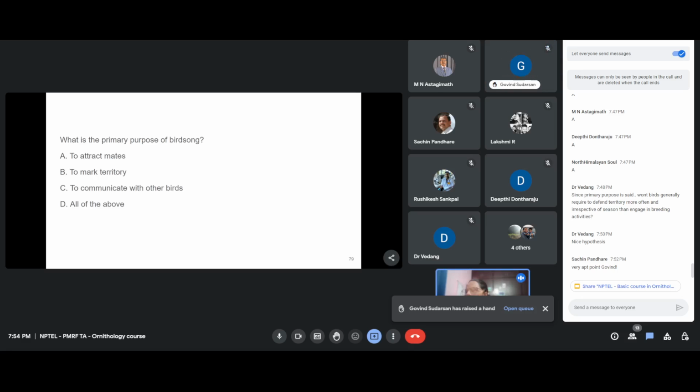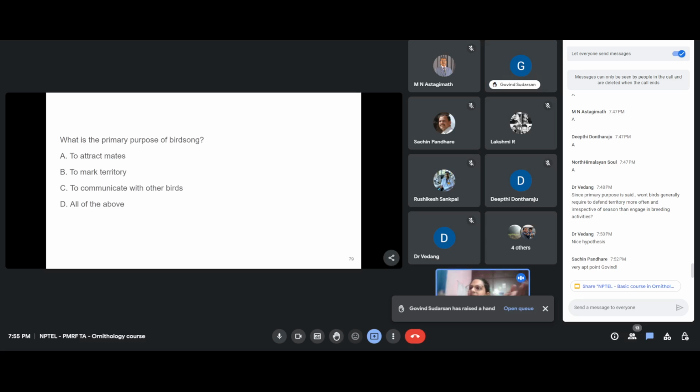Okay, no, that's actually not true, because songs are used in territorial defense, because you do have the dawn chorus, which is a very highly complex repertoire that birds usually burst out with in the morning. So that is usually believed to be for marking their territories. In such a case, wouldn't their territory be for breeding?